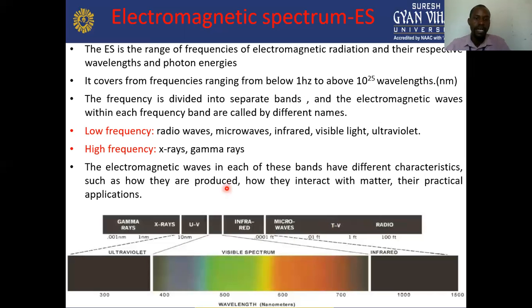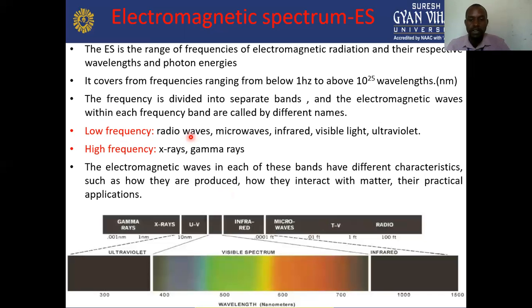All these bands are divided into two categories before we divide them into their respective groups. That is, we have the lower frequencies and the higher frequencies. The lower frequencies are the radio waves, at the farthest right.